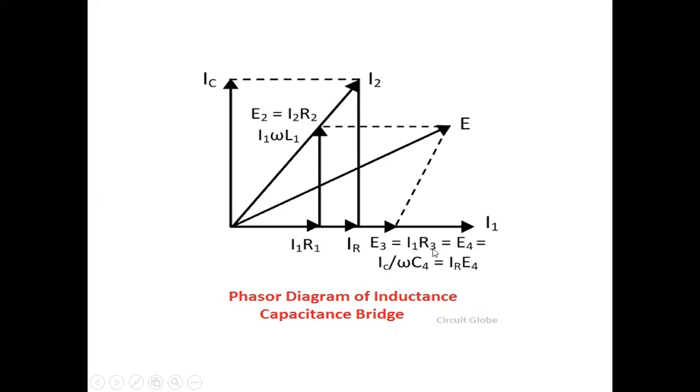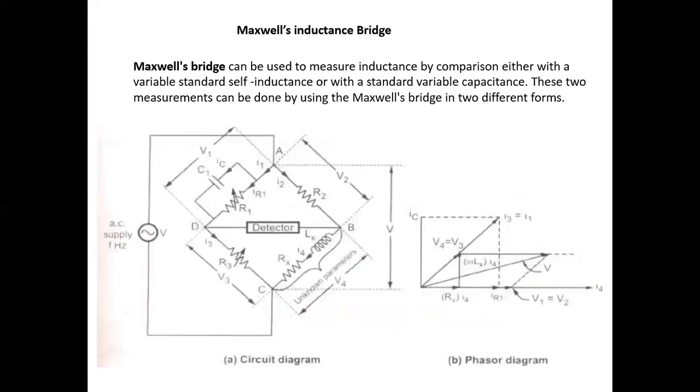E3 is nothing but I1 into R3, which is in phase with I1. Then the phasor addition of E2 and E3 gives the total supply voltage. This is the phasor diagram of the Maxwell inductance capacitance bridge.